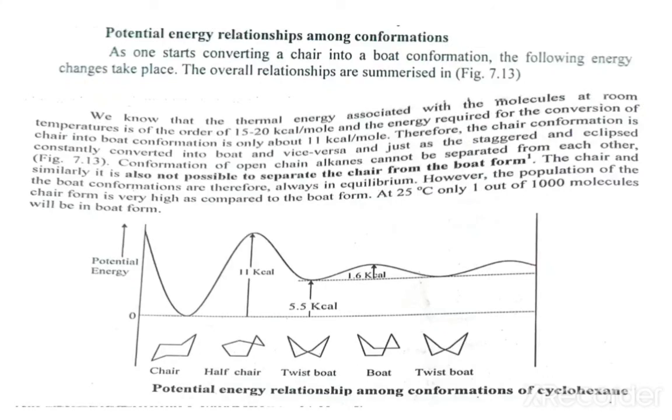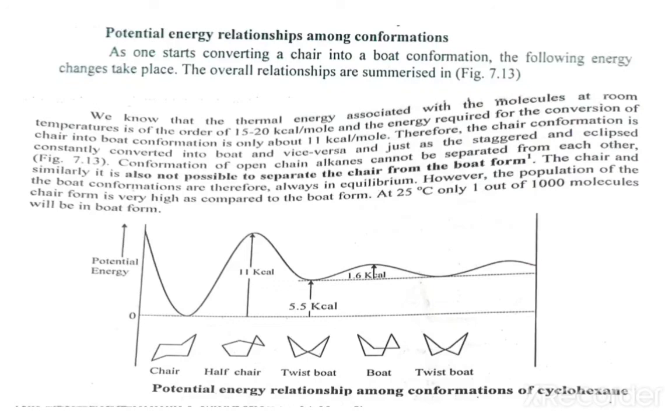Friends, we know that the thermal energy associated with the molecules at room temperature is of the order of 15 to 20 kilocalorie per mole, and the energy required for the conversion of chair into boat conformation is only about 11 kilocalorie per mole.